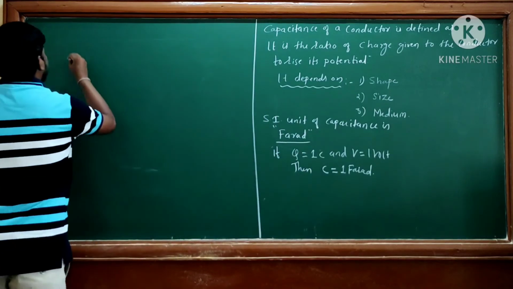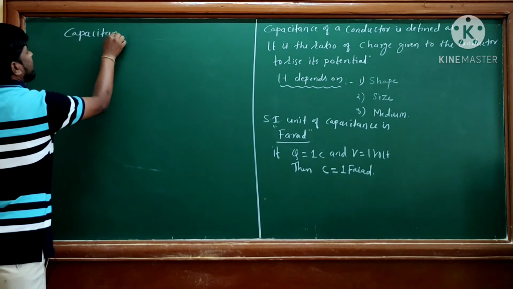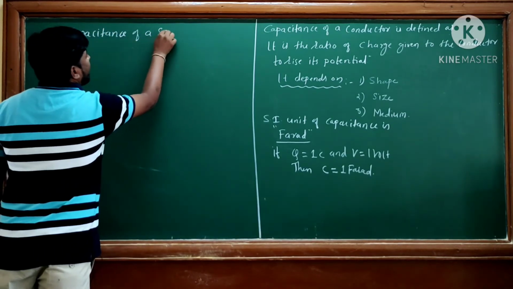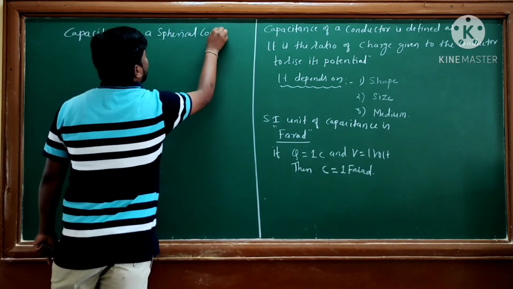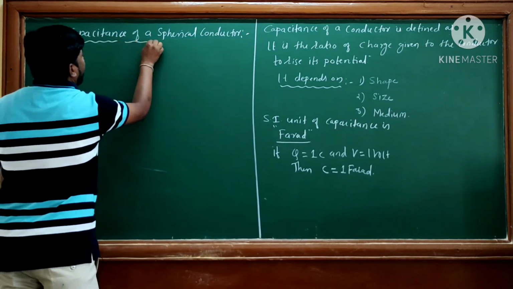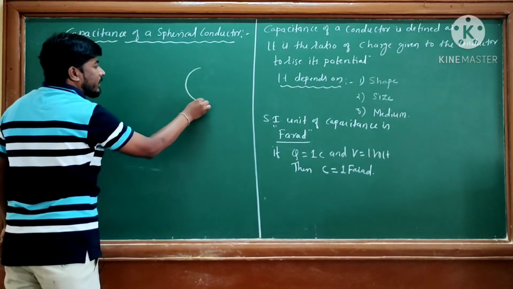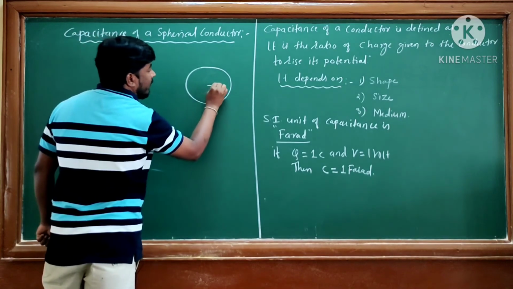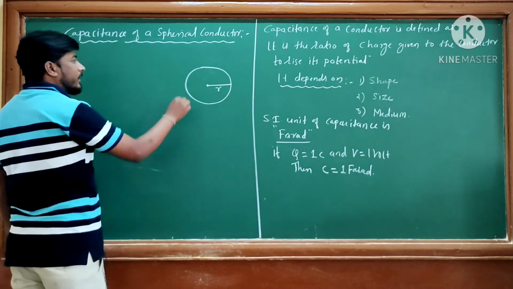To find the capacitance of a spherical conductor, I will take one spherical conductor. Let R be the radius of that conductor.